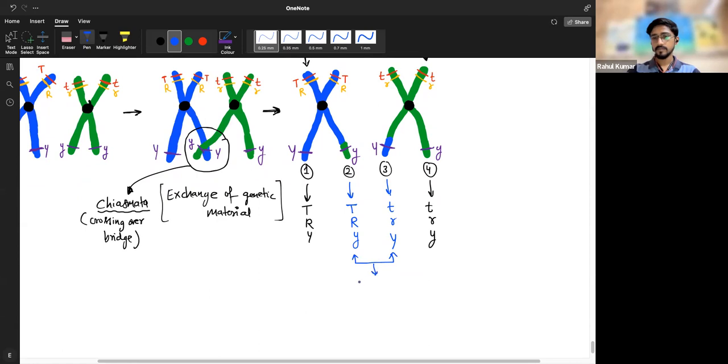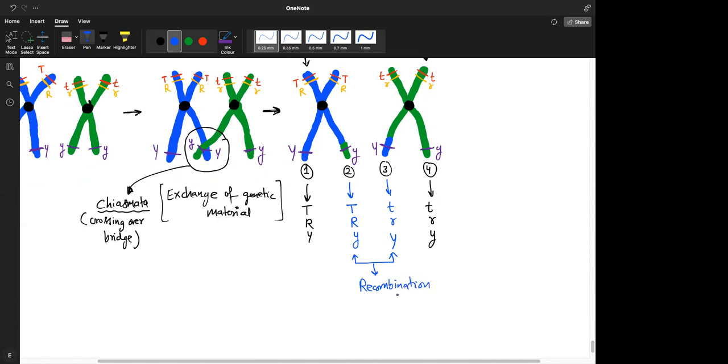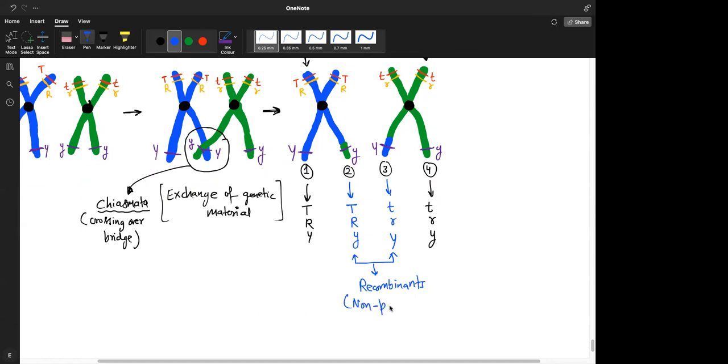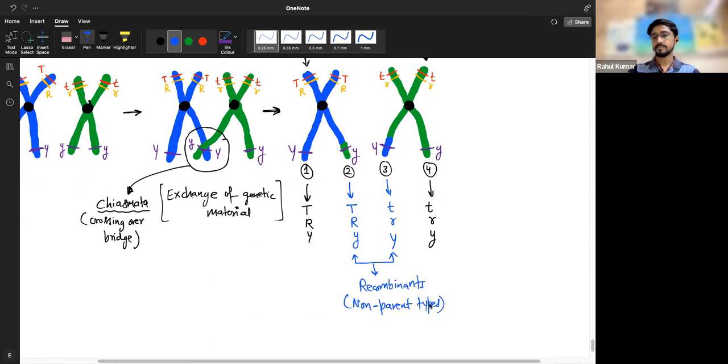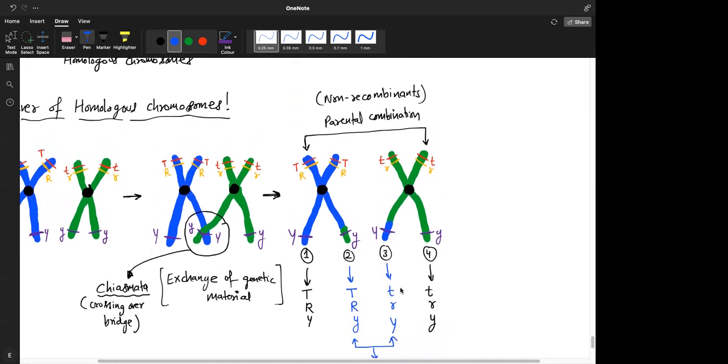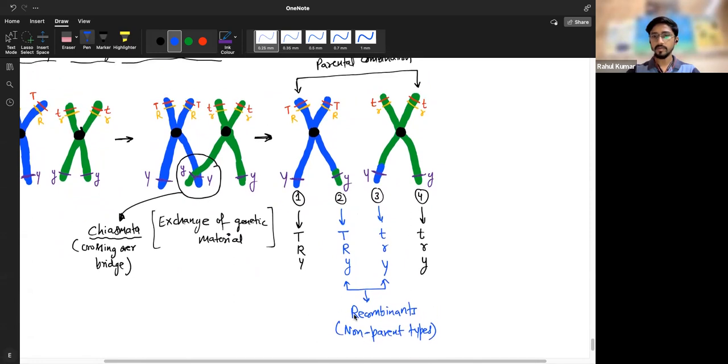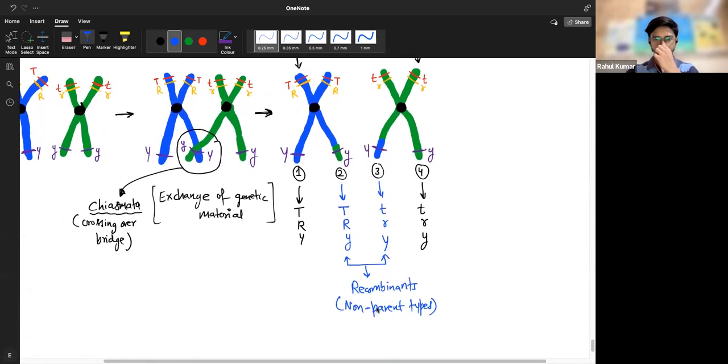So they are recombinants, or we can call them recombinant chromatids or non-parental types. So these two chromatids are non-recombinants, and these two chromatids are non-parental or recombinants. Is it clear?